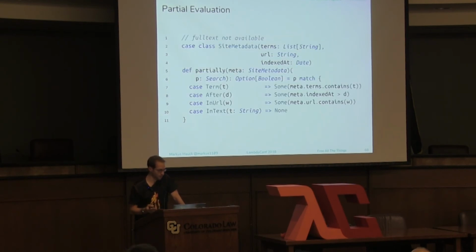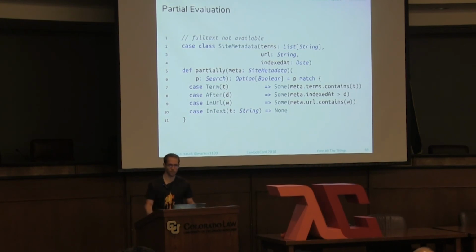Okay, so let's apply this to the site metadata. Let's say you have this case class SiteMetadata that has all the terms that your normal site has, but it's lacking the full text. And then you can define the partially function that takes the site metadata and your normal search predicate, and it checks whether it can check the term, the after, and the in-URL case, and for the in-text case, it's just None.